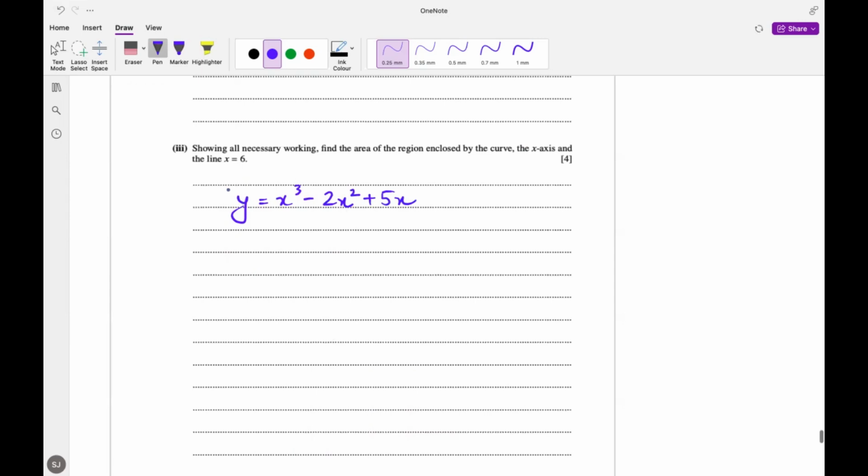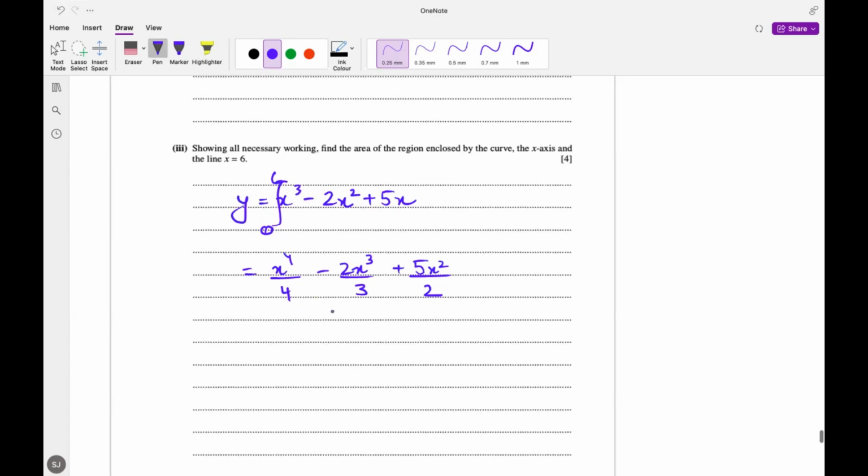To find the area, we'll integrate the equation, and after integrating, this will become x to the power 4 upon 4 minus 2x cubed upon 3 plus 5x squared upon 2. Now we know that the limits are from the line x equals 6 and the x-axis. So this will be taken as 0.